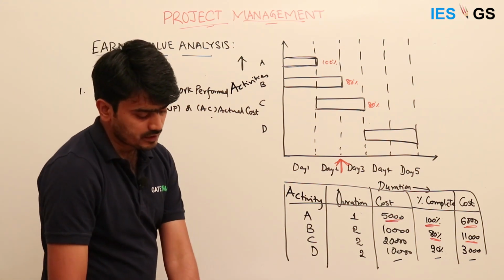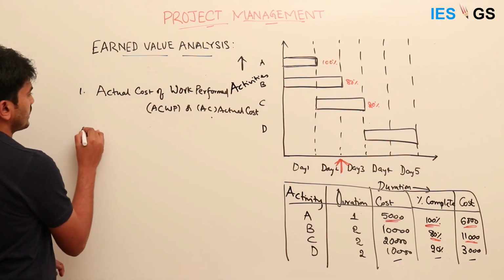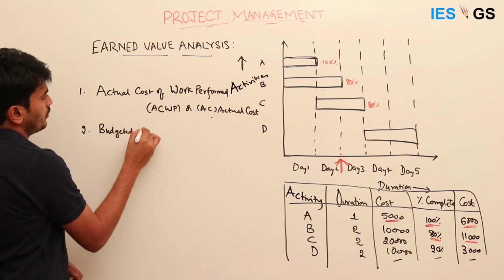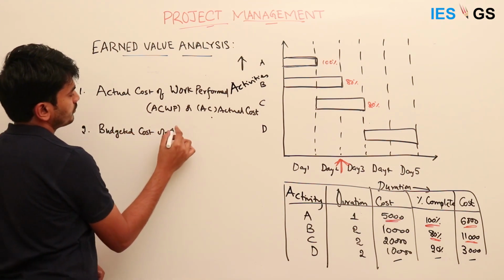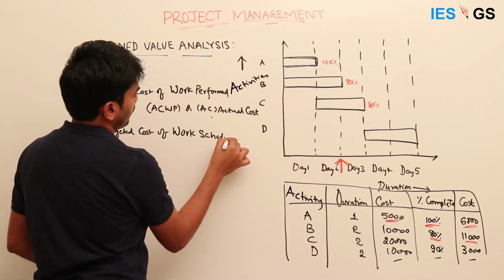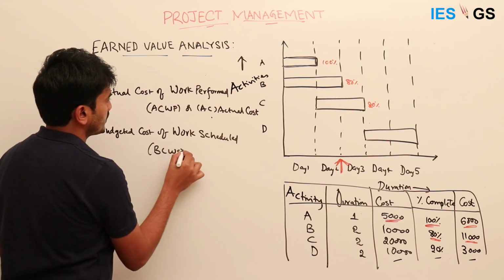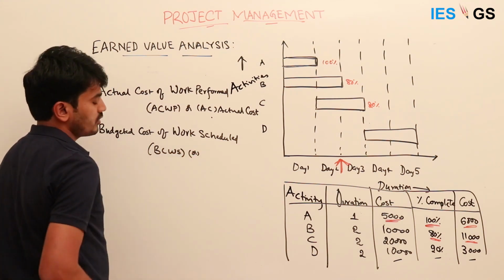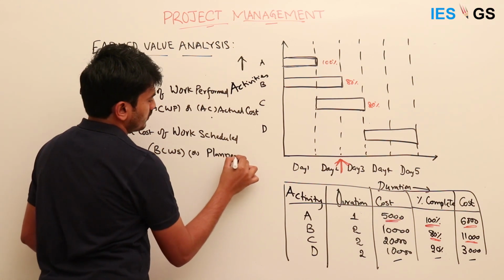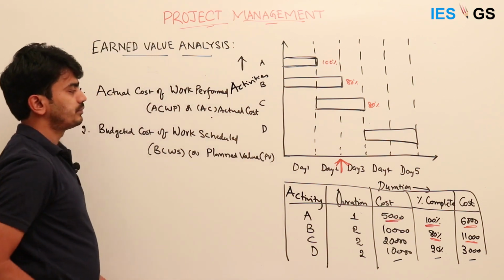The second one is budgeted cost of work scheduled. The short form is BCWS, or this is also called planned value, that is PV.